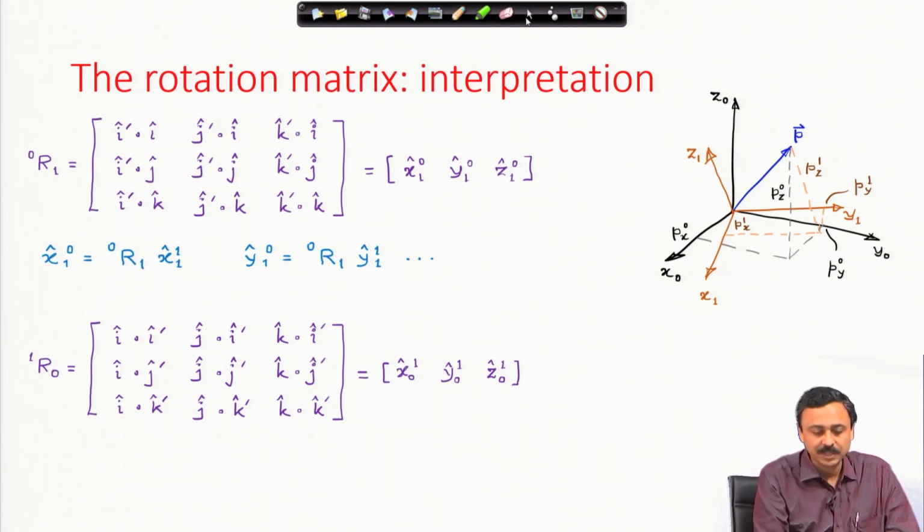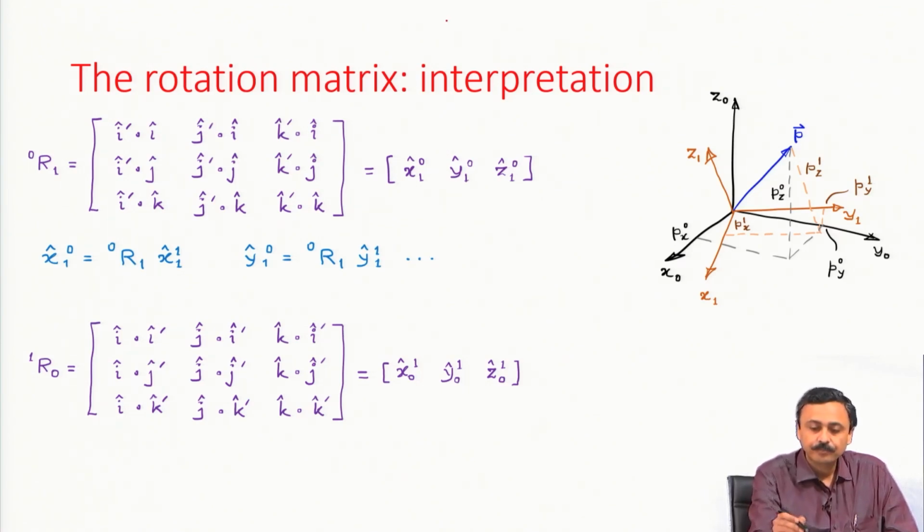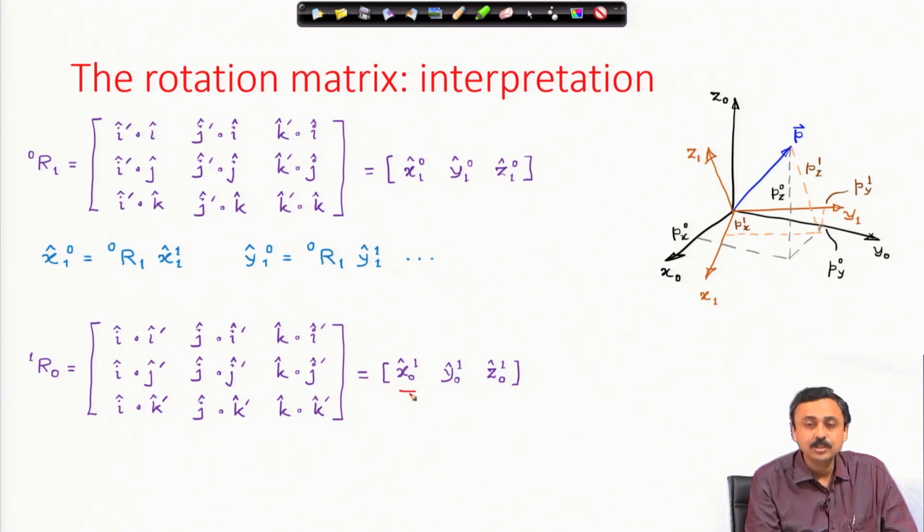Therefore, the first column of this matrix, which happens to be the transpose of the earlier matrix. Now, the columns of this matrix R from 0 to 1 are x naught represented in frame 1, y naught represented in frame 1, z naught represented in frame 1.